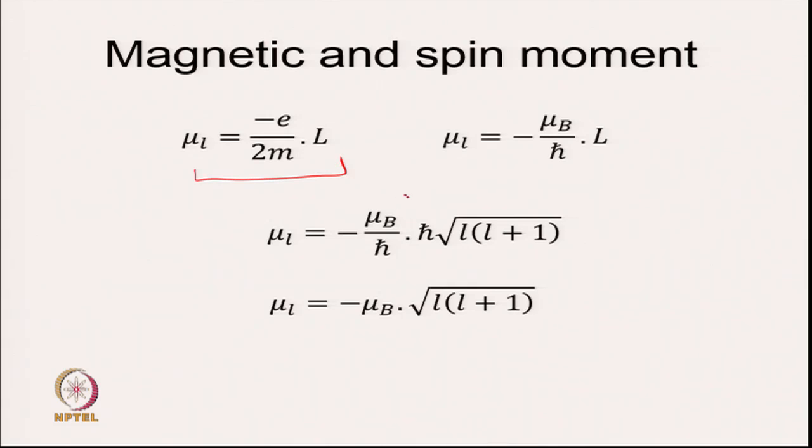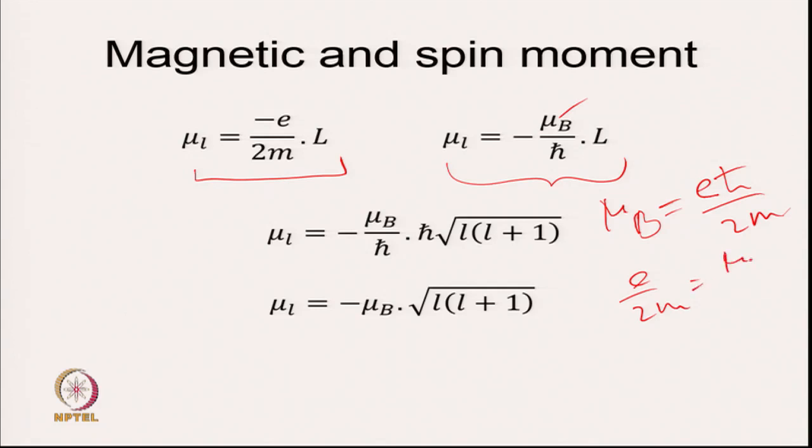There is another way to write this: mu L is minus mu B by h cross into L. This is called the Bohr magneton. So, mu B is equal to e h cross by 2 m. And so, e by 2 m can be written as mu B by h cross, and that is what I have done here.